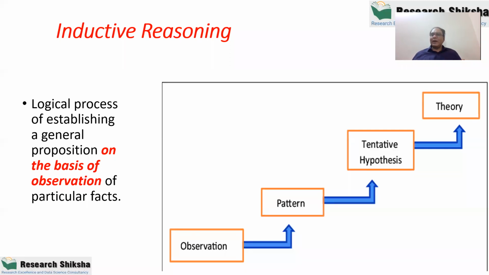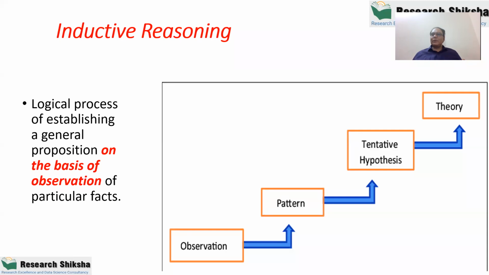So I can assume a hypothesis and examine it with the help of data, and then I can make a theory. Whatever theory I form is only based on my observation. So when observation leads to theory, this is called inductive reasoning. Inductive reasoning is very popular in qualitative research, or in research which is based on some phenomena.